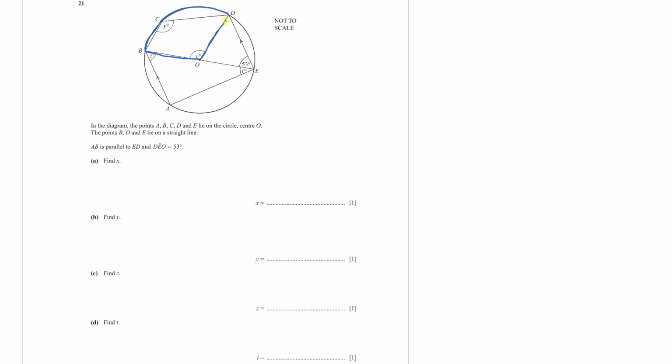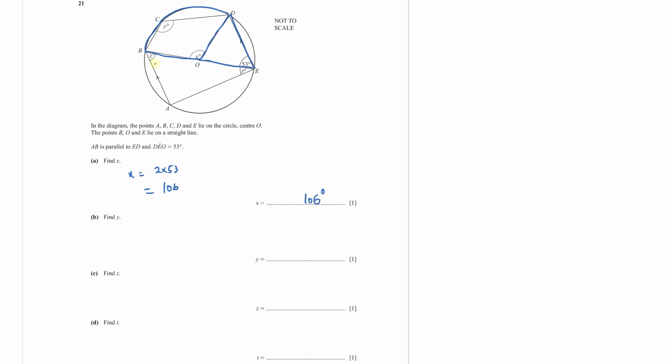But if you look at this angle BED, the same arc subtends this angle at the circumference of the circle. So we know that the angle at center is double the angle at circumference if both the angles are subtended by the same arc. So it's subtended by the same arc BCD. So X will be simply 2 times 53, which is 106.